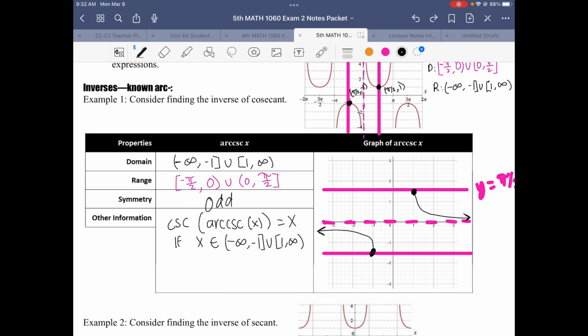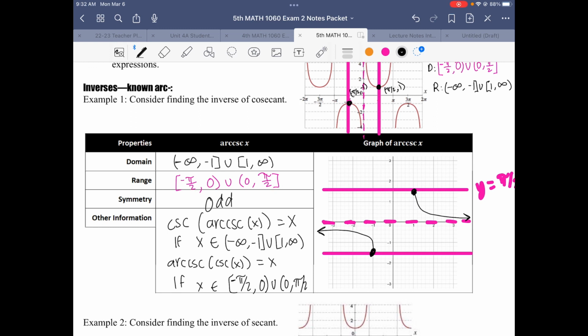And then conversely, the arc cosecant of the cosecant of x equals x, but only if x is between negative pi halves and 0, or between 0 and pi halves.